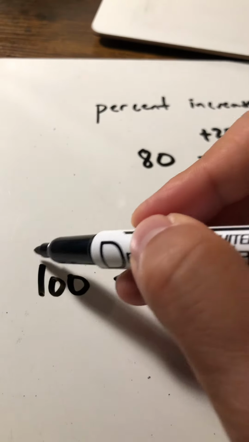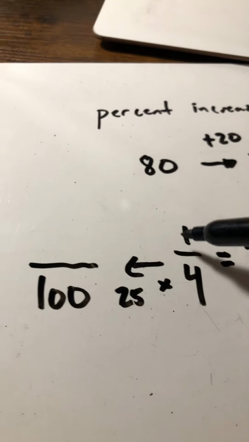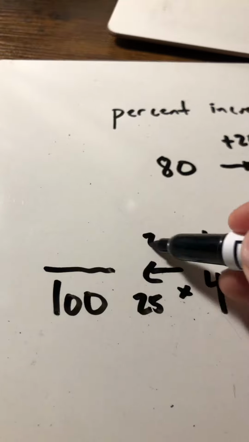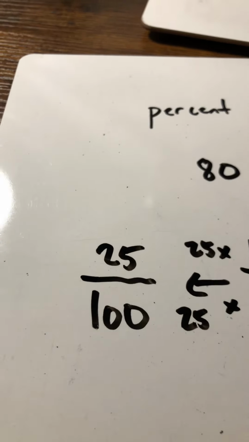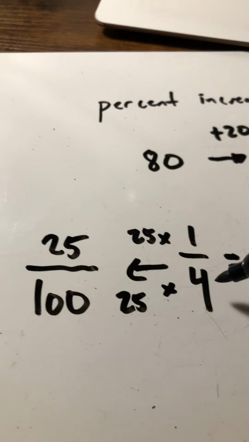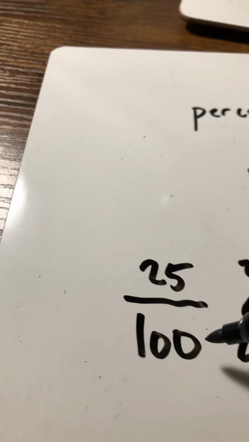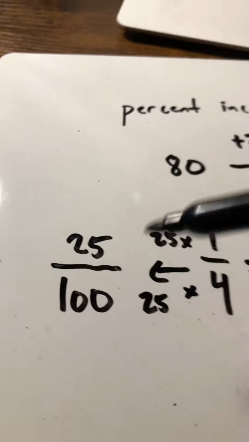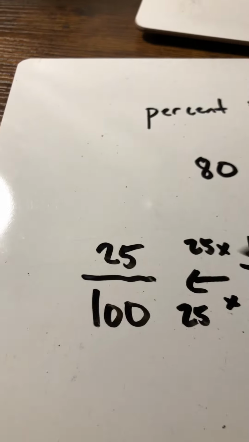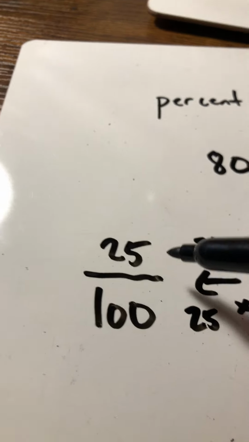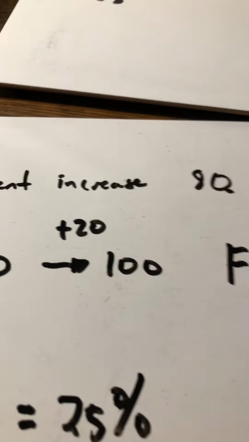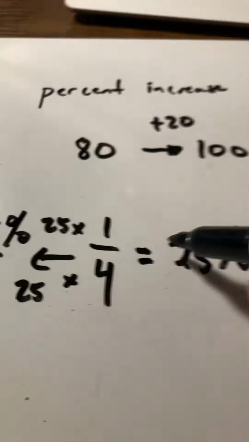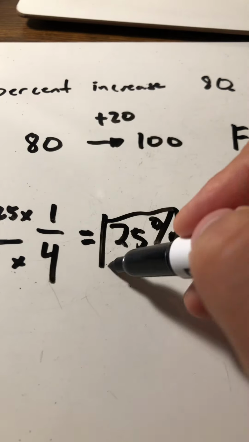Get to 100, which means the top also times it by 25 to get to 25. So 1 over 4 is the same thing as 25 over 100, which means 25%. So the percent increase is going to be 25%.